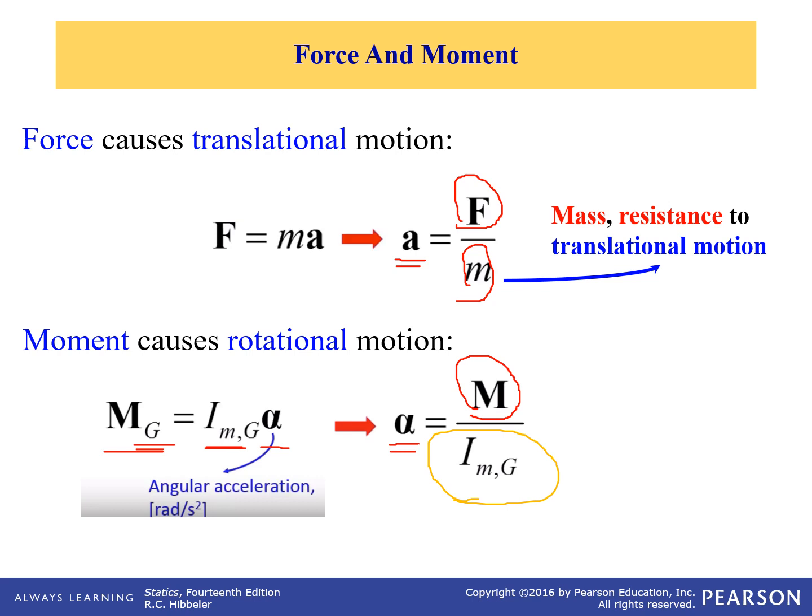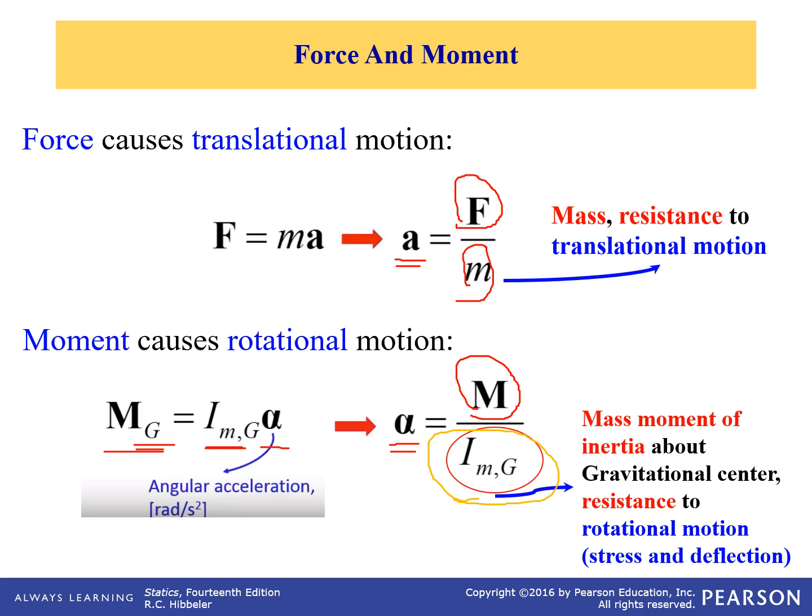So here we have I_mG, the mass moment of inertia. The subscript m means it is the mass moment of inertia, it is about the gravitational center, and it is the resistance to rotational motion.